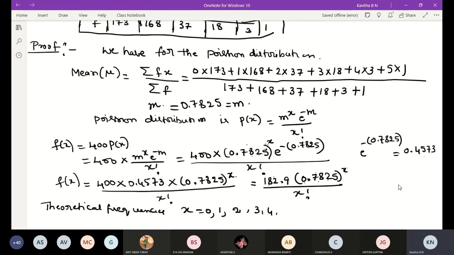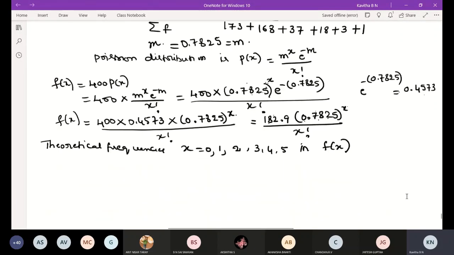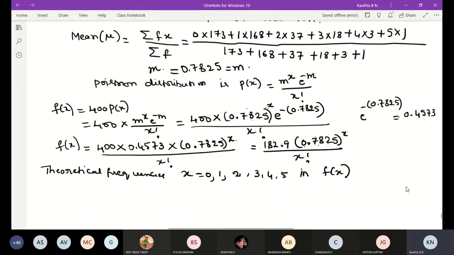Here 0 to 5 in f of x. Take this equation, observe here: f of x is equal to 182.9 into 0.7825 whole to the power of x by x factorial.